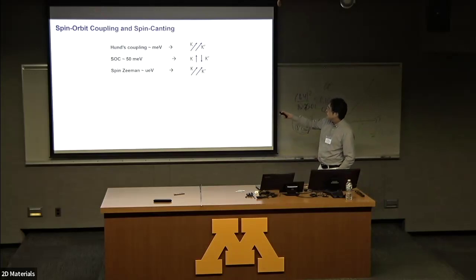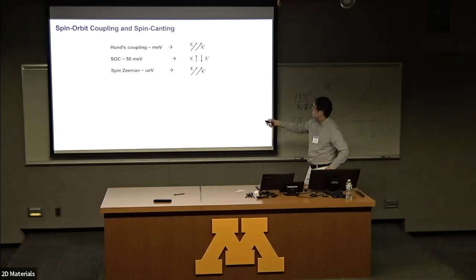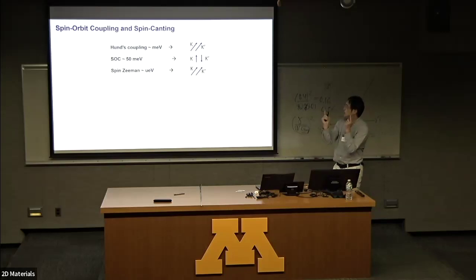The Ising spin-orbit coupling wants the spins in the opposite valleys to point in opposite ways and lock to the out-of-plane direction. But the spin Zeeman energy wants to align the spins from the two valleys in the same direction, while this field can choose which direction that is, right? Hund's coupling is not really a field because it's happy with whatever direction it is. So you have three energy scales here, and they have a very interesting distribution.